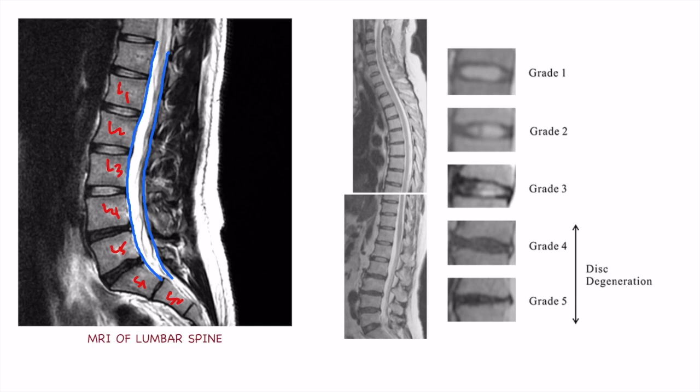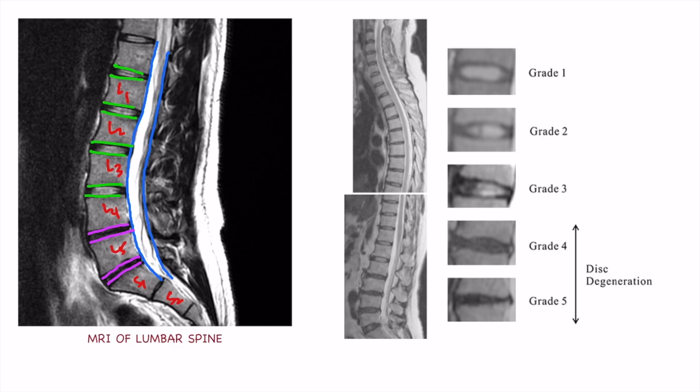These are the discs which are placed between the vertebrae. These are the healthy discs, and between the L4-L5 vertebrae and the L5-S1 vertebrae, you can see the space between the vertebrae is very reduced. There is narrowing of the disc, and these are the signs of disc degeneration.